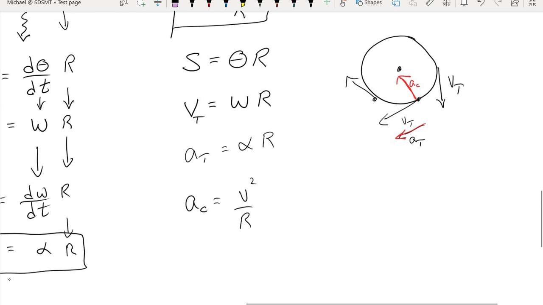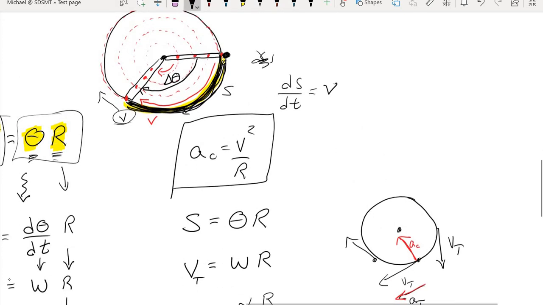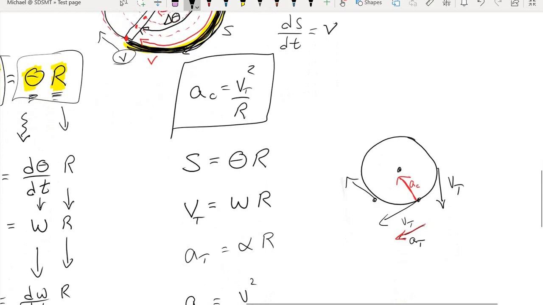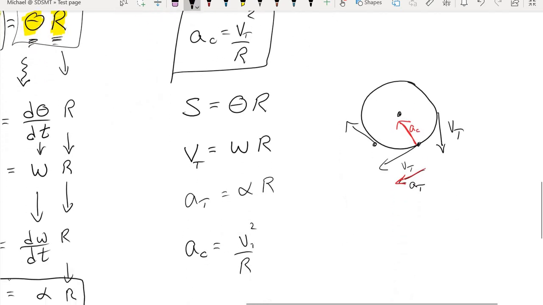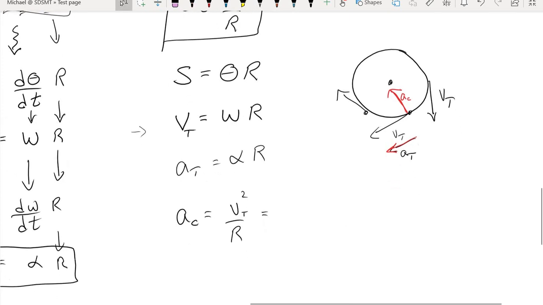Well, that centripetal acceleration, we said that it was using the same velocity that we are now calling tangent velocity. Let's see what happens if we sneak in the expression of tangent velocity into the centripetal acceleration term. If we do that, we get omega squared r squared over r, but we'll lose one of the r's in the top there.